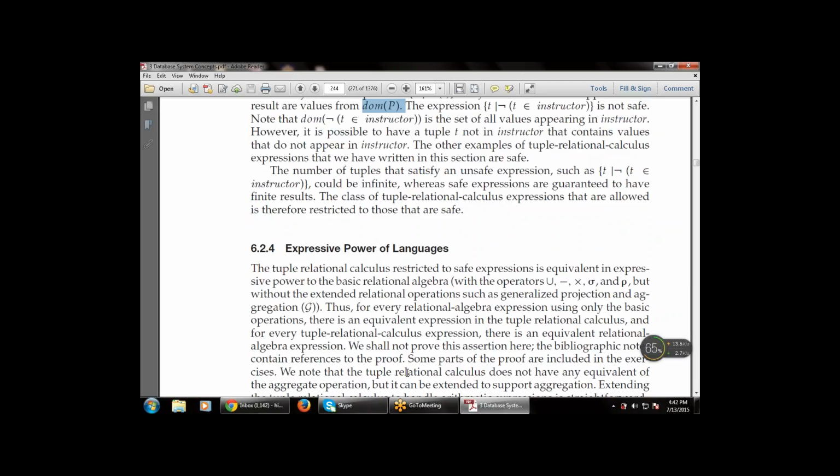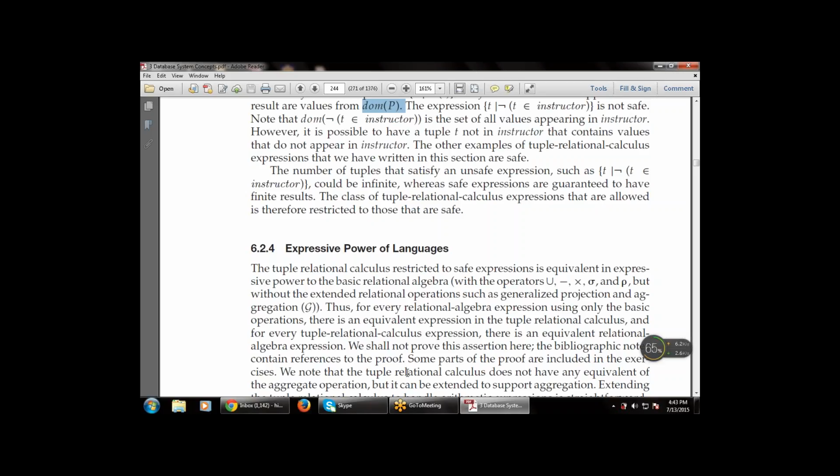Now next is the expressive power of the language. The tuple relational calculus restricted to safe expressions is equivalent in expressive power to the basic relational algebra, that is union, minus, multiply, select and project, but without extended relational operations such as generalized projection and aggregation.